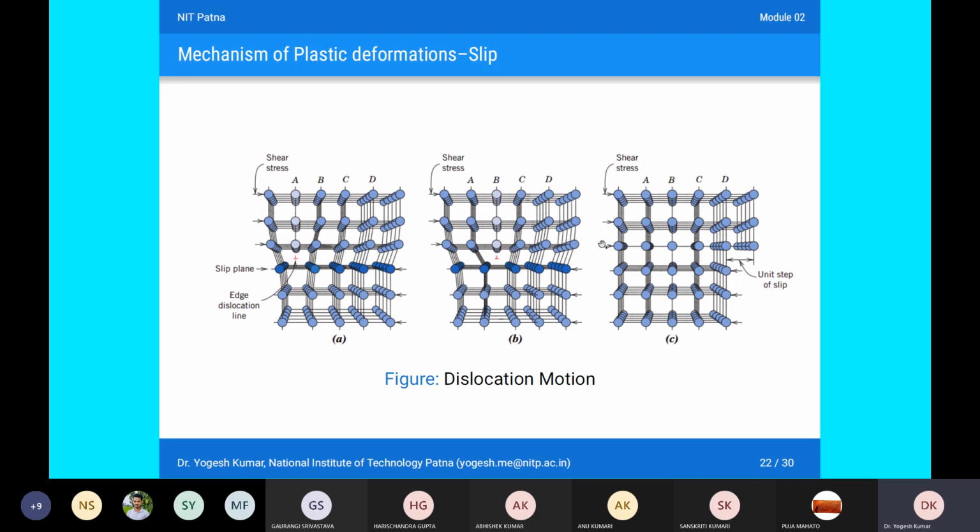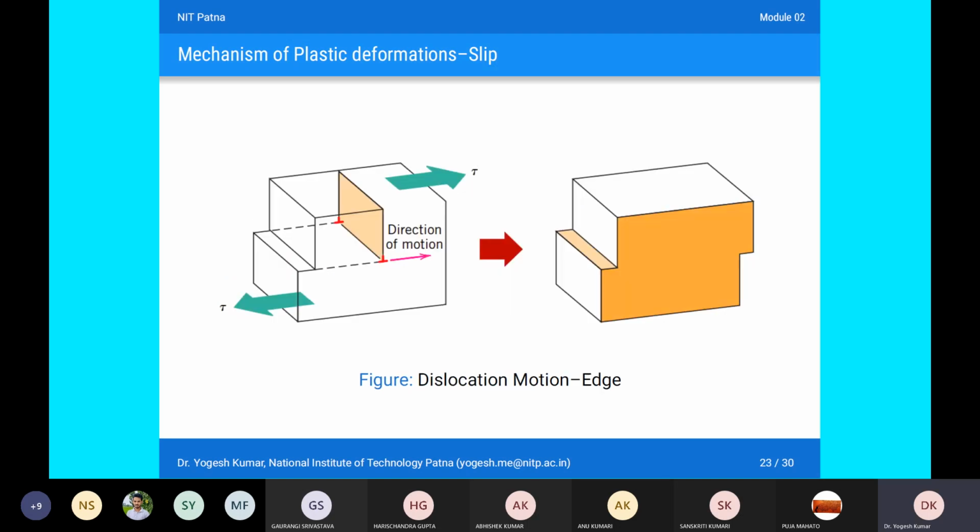So this is happening at the atomic level, and if you try to see how it will look in a metal block, if there is plastic deformation due to slipping, what will happen? You could see this is the direction of motion, this is the shear stress tau which we have applied, and the final component will look like this due to slipping.